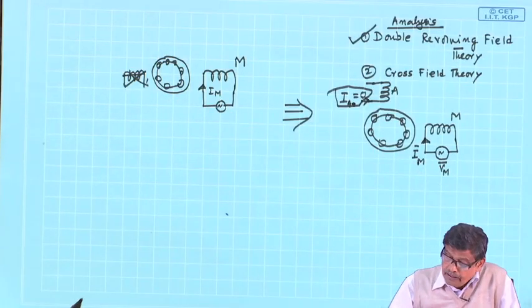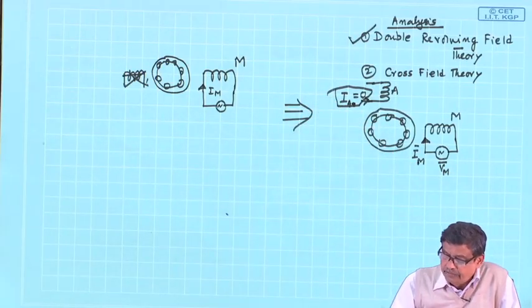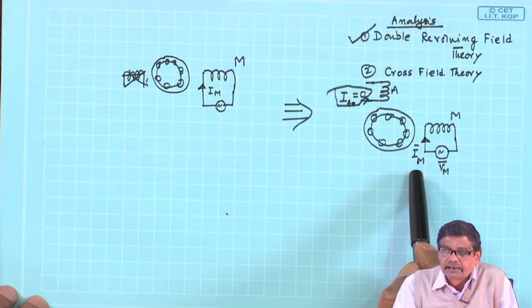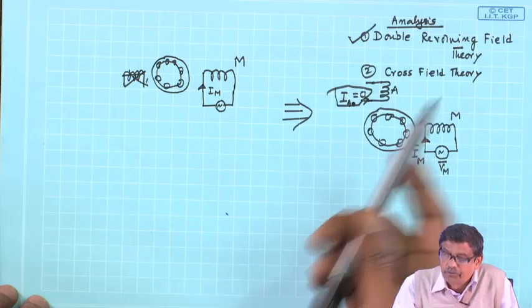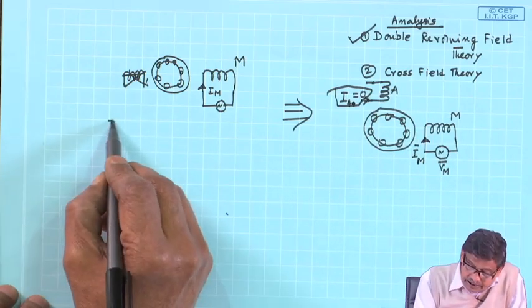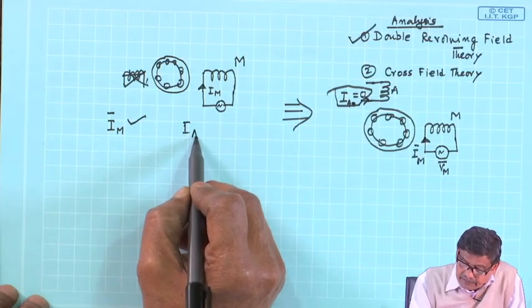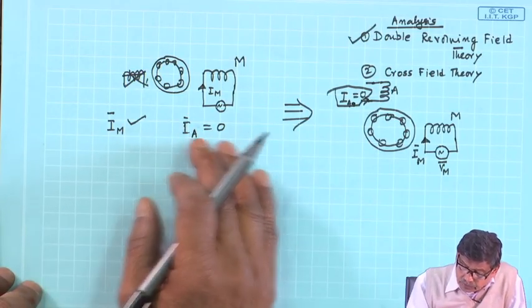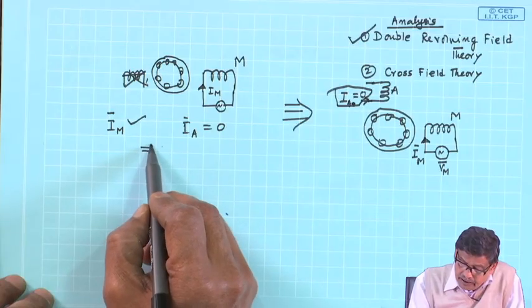I will try to understand this machine as if it is a balanced two phase motor. These two coils are there, one coil is carrying a current I m, another coil is carrying a current of I a, which happens to be 0. Therefore, these two sets are unbalanced.